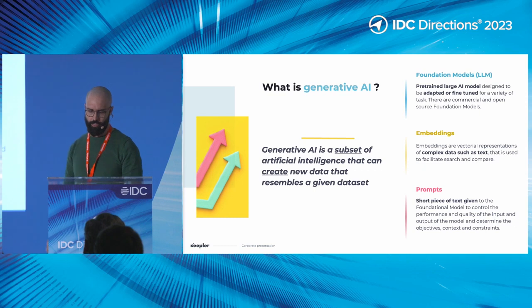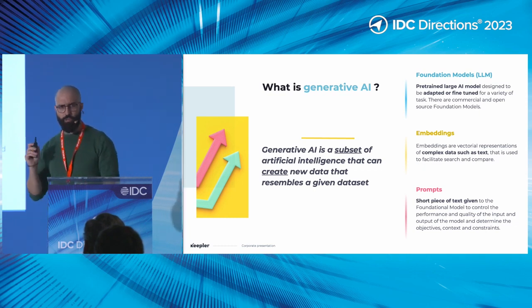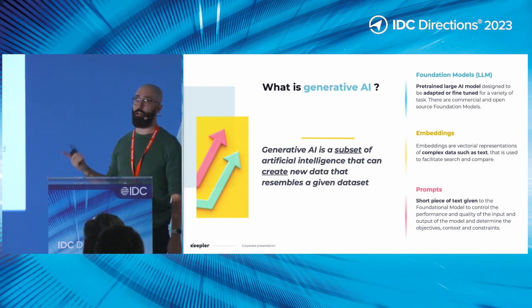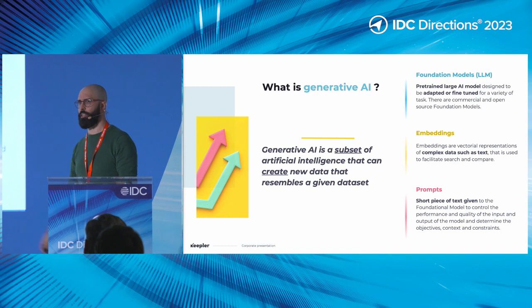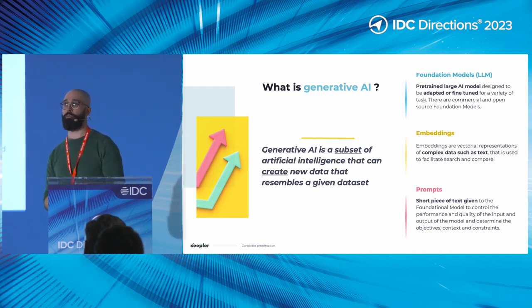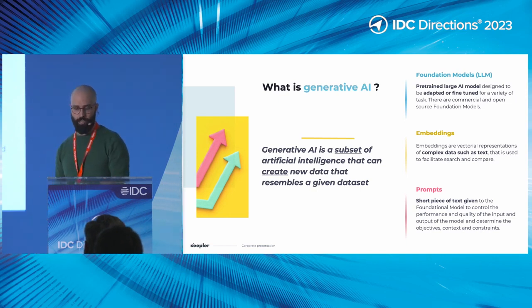More on that later. But to understand generative AI, we need to understand three key concepts. First, the foundational models, or large language models. Those are pre-trained AI models that are designed to be adapted to the specific task you want the model to do, and maybe a specific language or kind of information you have.